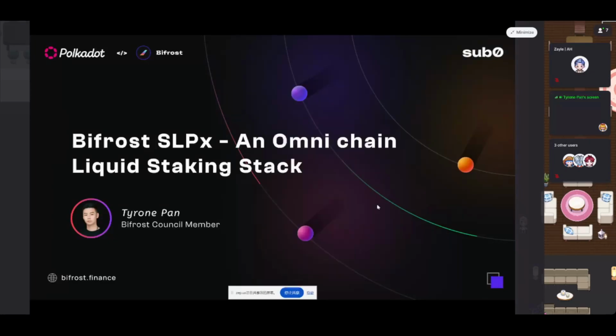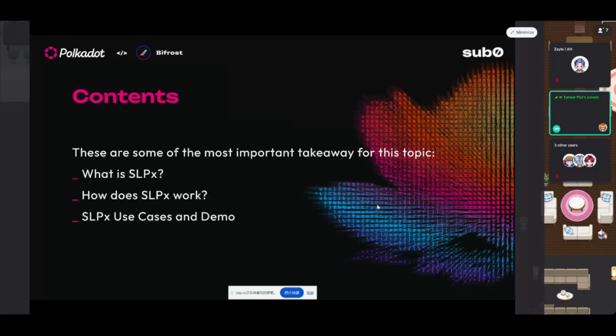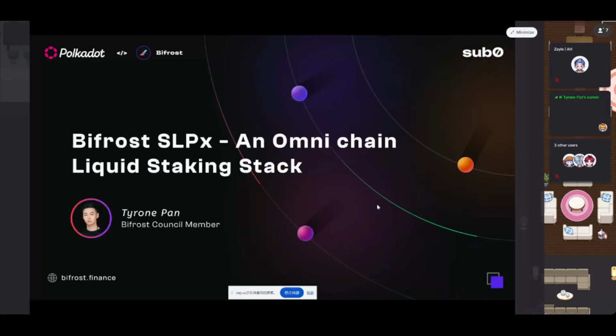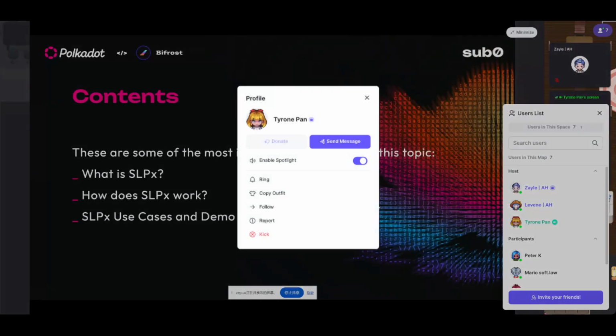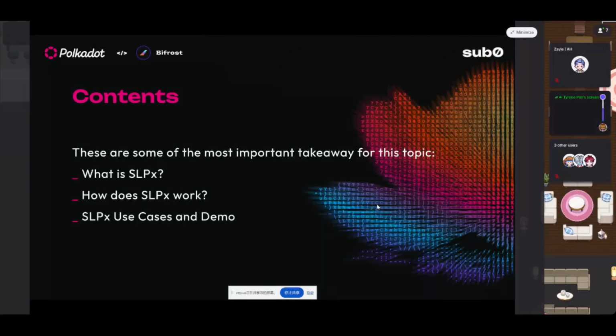The topic today is about the omnichain liquid staking stack that we initialized last year, and we will introduce several contents on how to integrate with Bifrost SLPX, the omnichain liquid staking stack that I mentioned, how it works, and use cases and a demo of the utility of SLPX. I will play you some short videos demonstrating how they can be used.